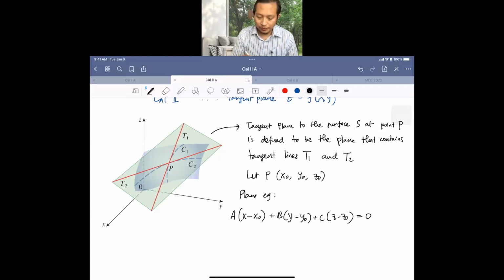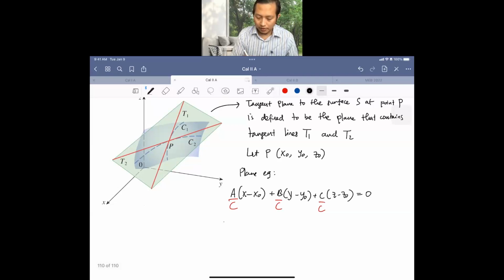Let's divide everything by c. So we'll have z - z0, and I will move everything to the right side for a and b: negative a over c times (x - x0), minus b over c times (y - y0).